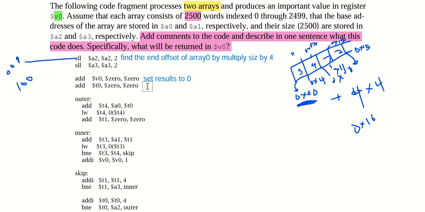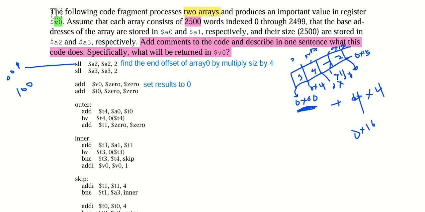And you also realize that we have another register, add into t0, 0 comma 0. That is t0 is equal to 0 plus 0. Now you realize that they did not give you any register association for t0 here. So it's kind of hard to try and find it, right?